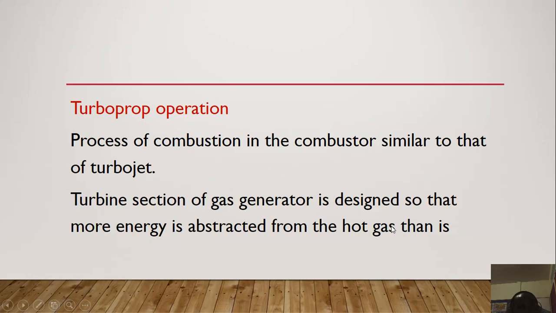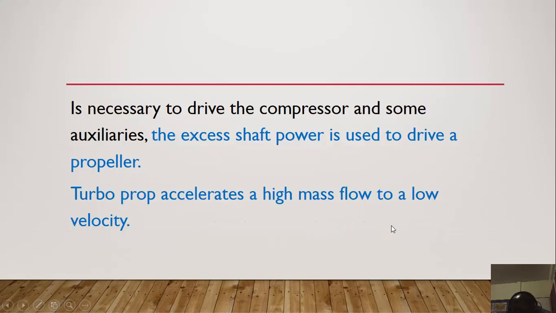Turboprop operation. The process of combustion in the combustor is similar to that of a turbojet. The turbine section of the gas generator is designed so that more energy is extracted from the hot gas than is necessary to drive the compressor and some auxiliaries. Here, the excess shaft power is used to drive a propeller.